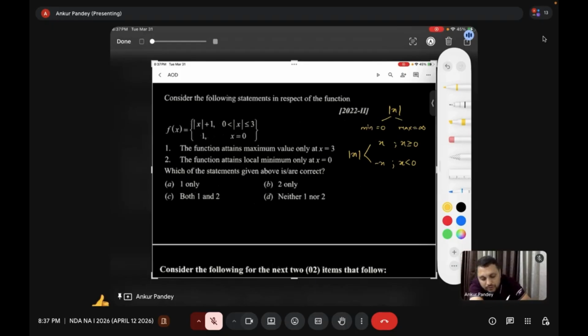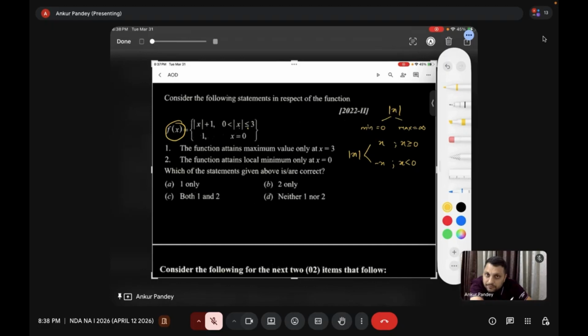So now look at this question. The function attained its maximum value at x equal to 3. Now at x equal to 3, what is the answer? When I put x equal to 3, this is the definition which follows. Yes or no? Clear?